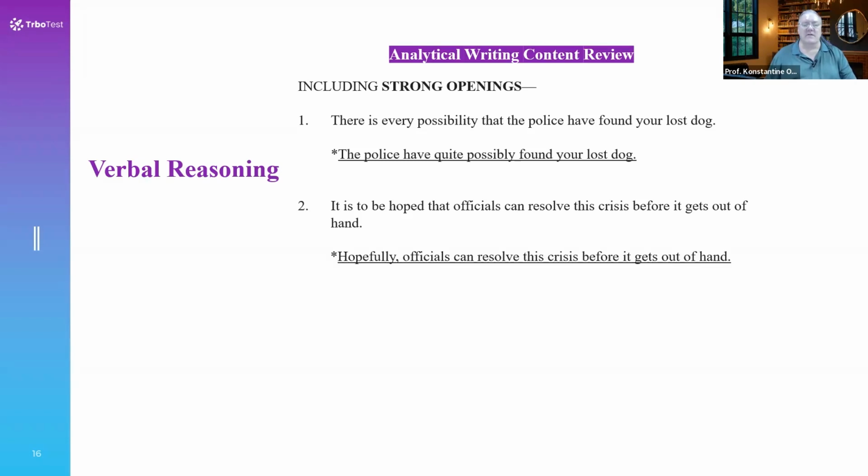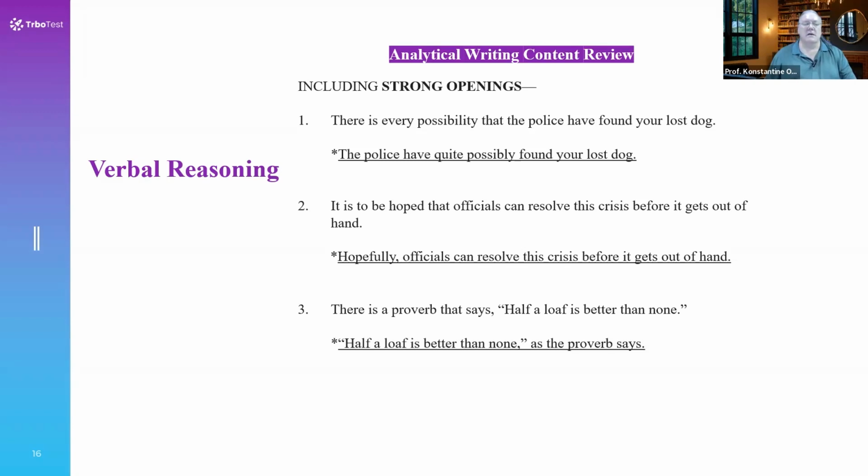Hopefully, officials can resolve this crisis before it gets out of hand. Nice. There is a proverb that says, half a loaf is better than none. Right? What about just: half a loaf is better than none, as the proverb says?